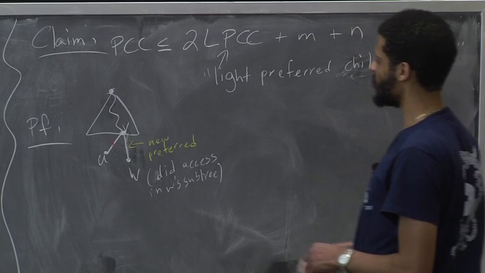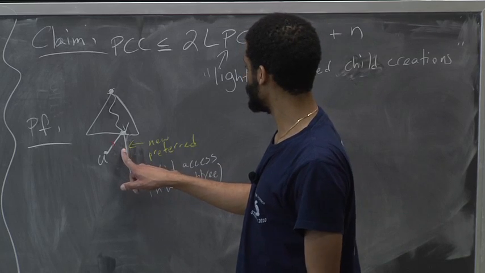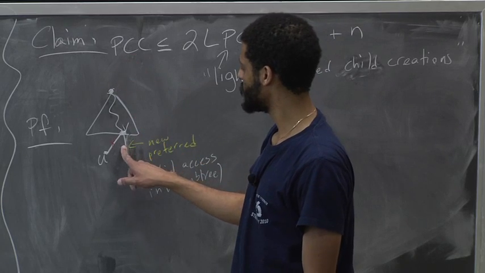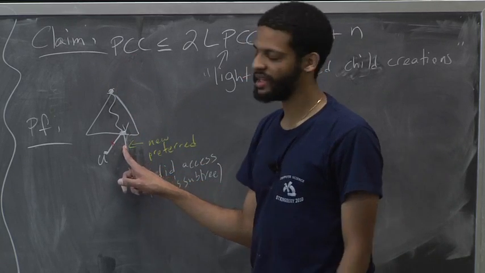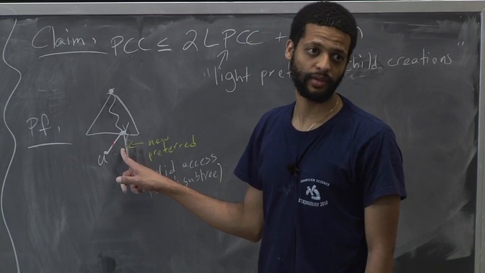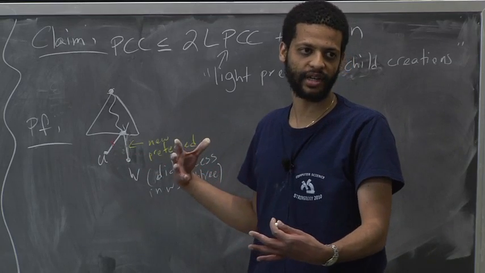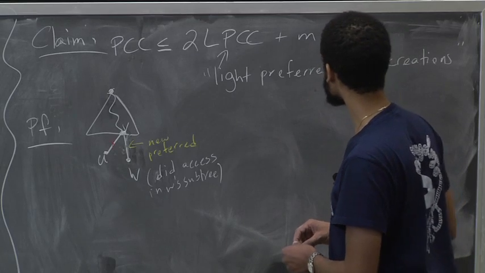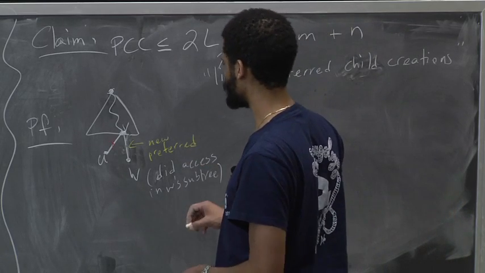Okay. So this is a preferred child change, so we should count it here. Now, this new edge that we just created could be either light or heavy, right? That depends on the structure of the represented tree on the various sizes.